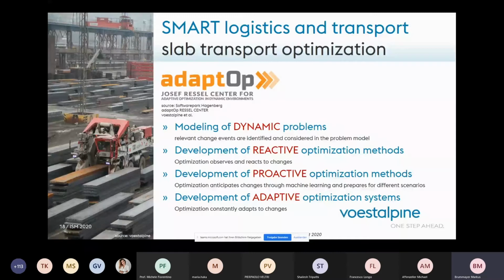The Research Center is located at the Software Park Hagenberg, and the scientists around Professor Stefan Wagner, who is the head of the center, will be present at the conference with some exciting presentations. Their research activities are focused on modeling of dynamic problems, development of reactive optimization methods, development of proactive optimization methods, and development of adaptive optimization methods on systems.